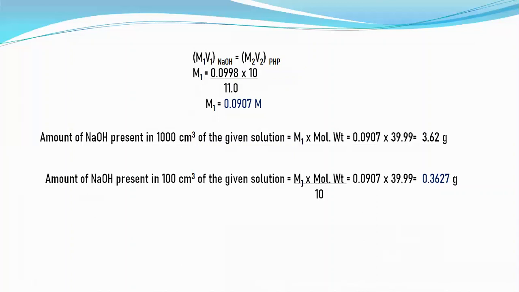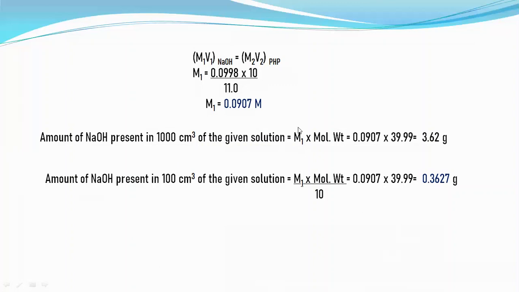Finally, we need to calculate the amount of NaOH present in 100 cm cube of the solution. We cannot directly find it. First, we need to find out the amount of NaOH present in 1000 cm cube or 1 liter of the given solution. This formula is very simple.